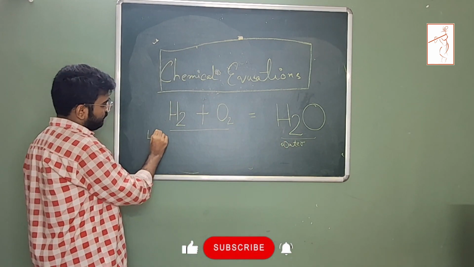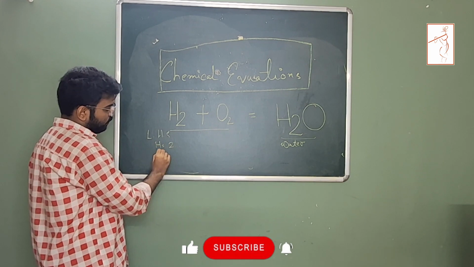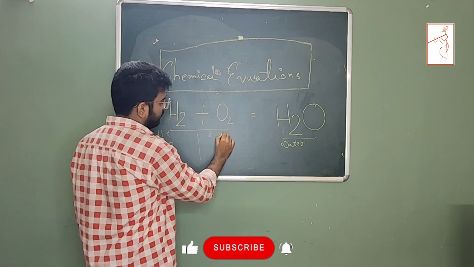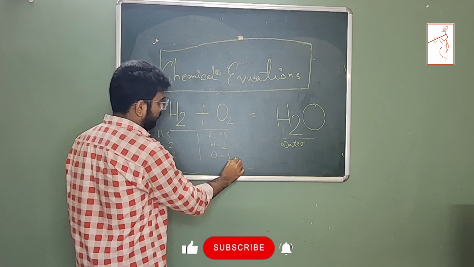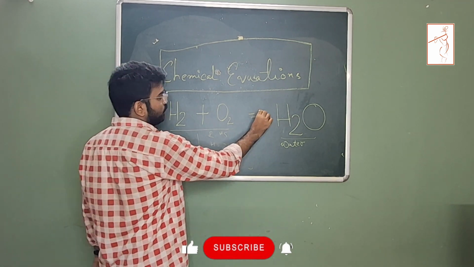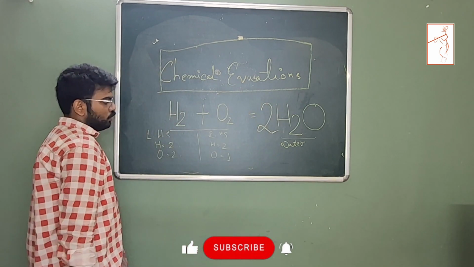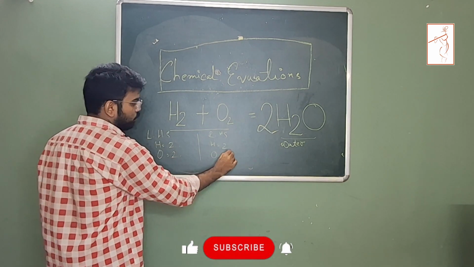On the left-hand side, hydrogen is 2, oxygen is 2. And on the right-hand side, hydrogen is 2, but oxygen is 1. So to balance it, at first what do we do? We write here 2. So in this equation oxygen is balanced now, 2 and 2.